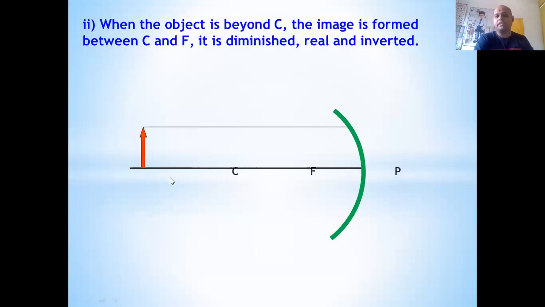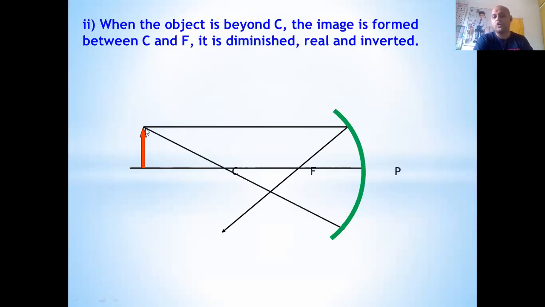The object is beyond C, at a reasonable distance, so the image formation will be between C and F. From the top there are two incident rays and the image is formed at this point. It will be small, inverted and real. Clear everyone?